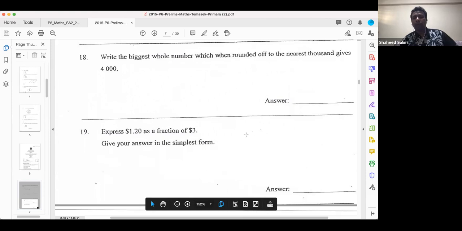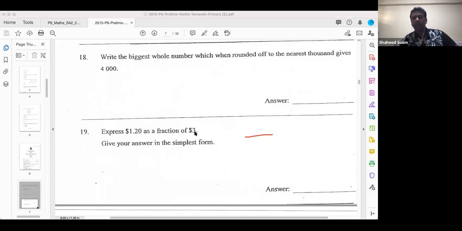When they put "of", that means this one must go below. My suggestion, change this to cents, change this to cents. Easier for you. Change to cents. How many cents is $3? How many cents is $1.20?